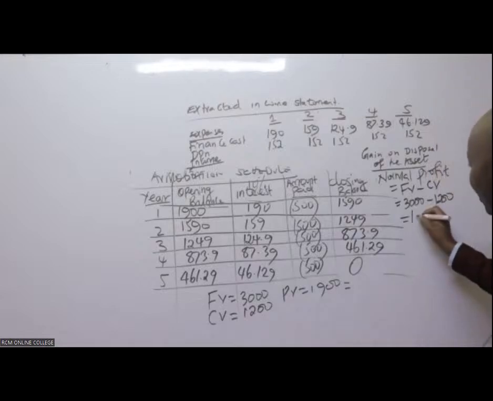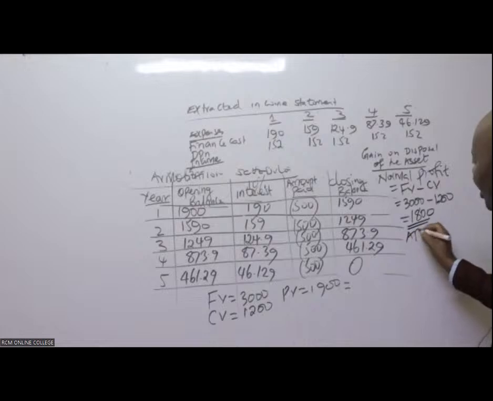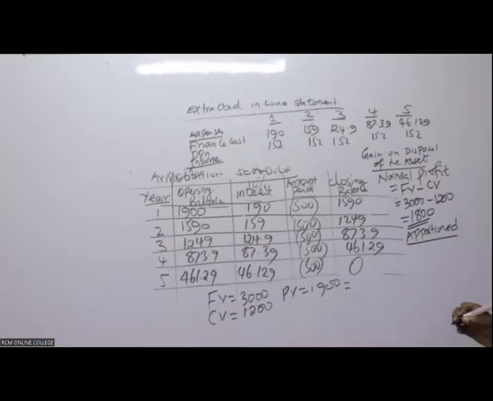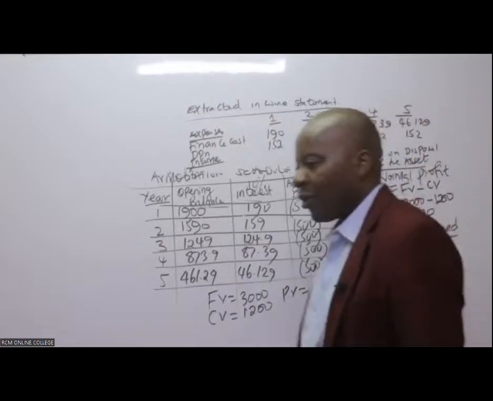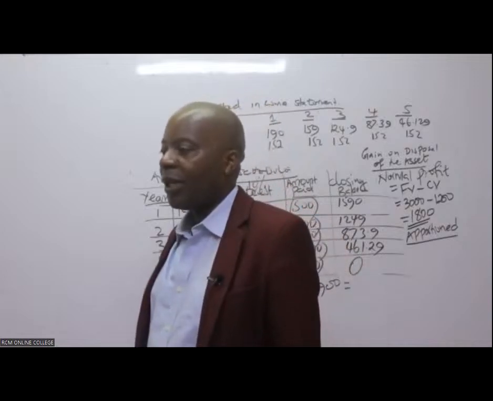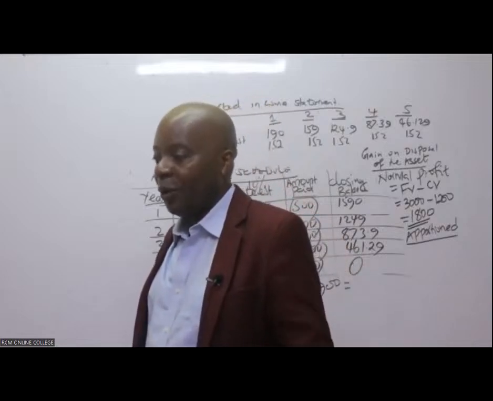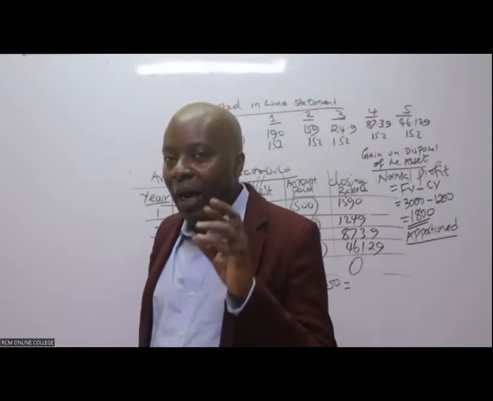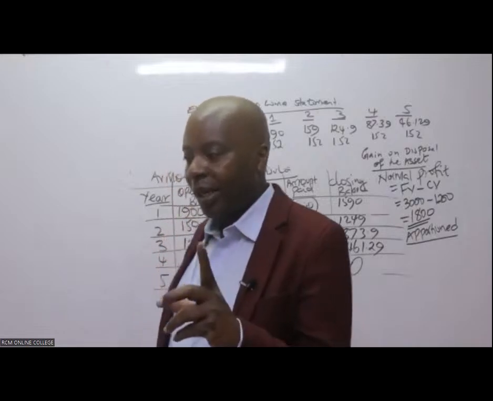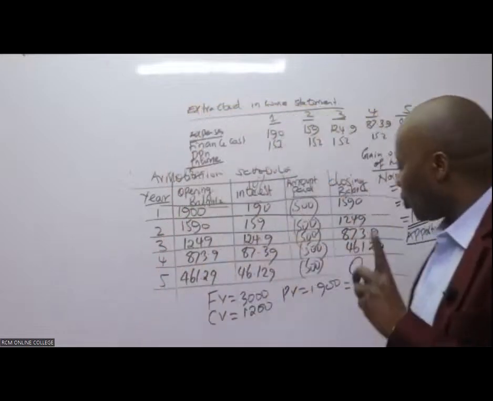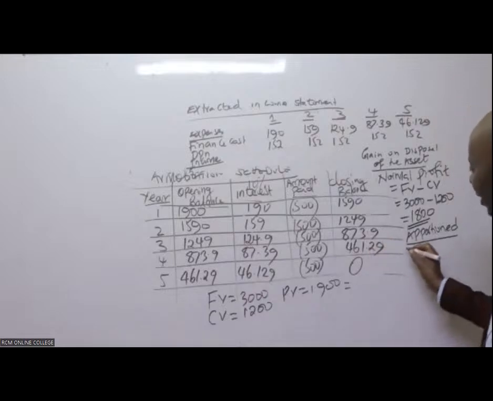But remember that this 1,800 must always be apportioned. Is there somebody who is able to remember what criteria I am going to use to apportion? If you remember, ladies and gentlemen, we have our apportionment formula. Not many students remember this apportionment formula.